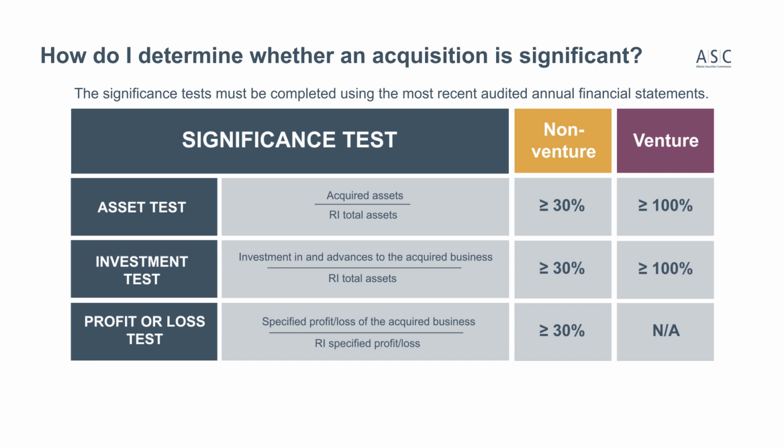It's worth noting that in addition to the significance tests presented on the slide, there are also a number of optional significance tests or variations that apply to certain scenarios. These include special situations, such as when audited annual financial statements are not available, an acquisition or business combination occurred in stages, the issuer and the acquired business's year ends are different, when acquisitions were made of related businesses, or when a loss has occurred or the issuer recorded lower than average profit or loss for the period being used.